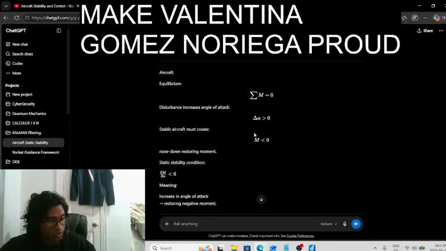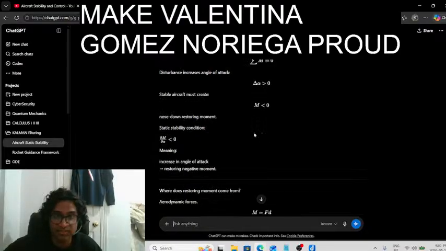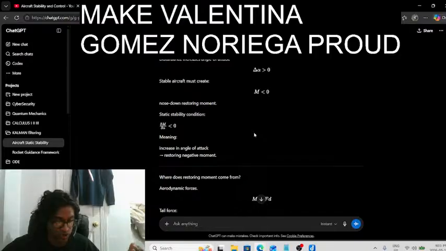This is your restoring pitching moment. This is what you call the equilibrium, right? The restoring pitching moment must be less than zero. So it should be a nose down, meaning your curl m by curl alpha will be less than zero.